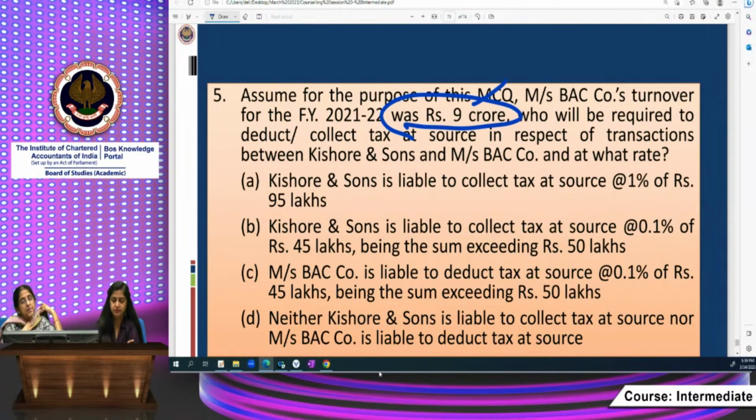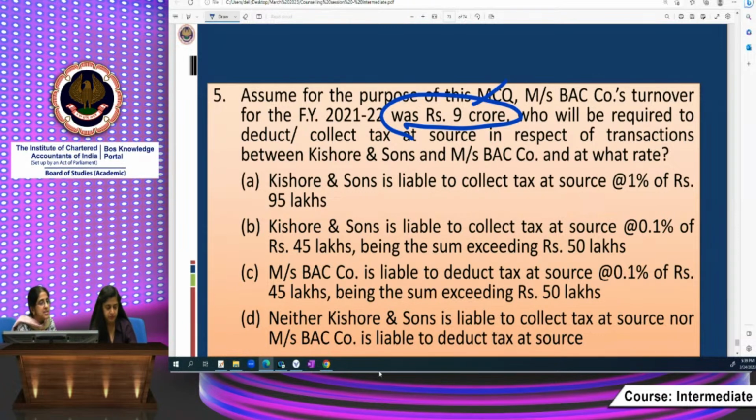BAC was required to deduct tax at source under 194Q on the earlier of payment or credit. That provision we applied in the earlier MCQ and arrived at the answer. Now we are saying in the next MCQ that his turnover is not 11 crore. If it's 9 crore, what will be your answer? This is the whole situation.